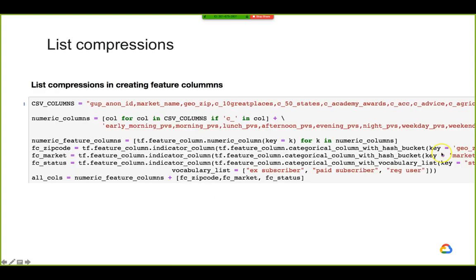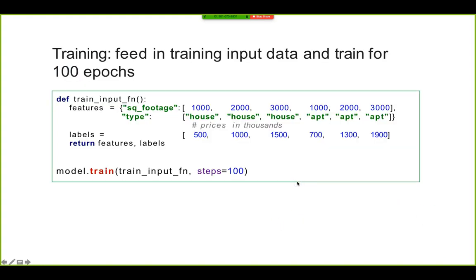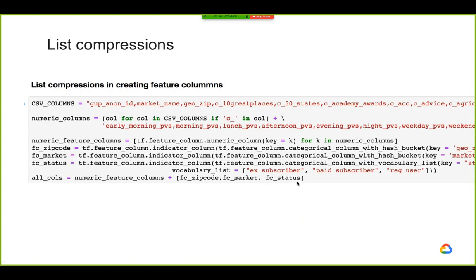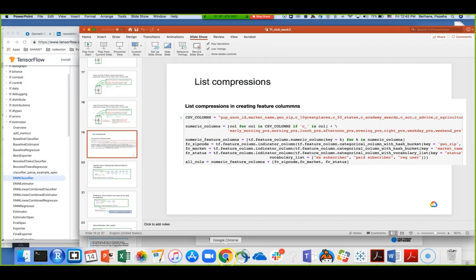Before I show this one, let me quickly show another thing. List comprehension is very handy when we create feature columns.